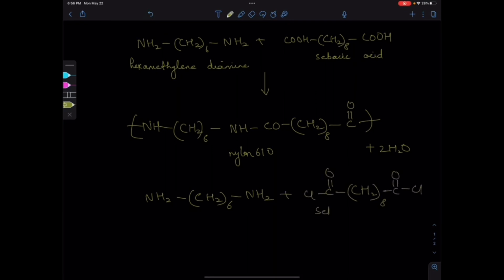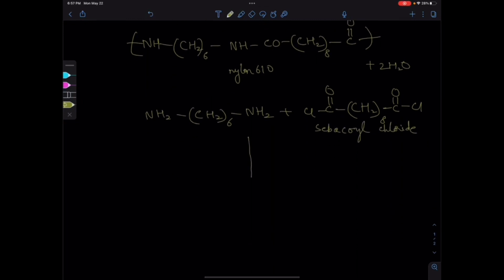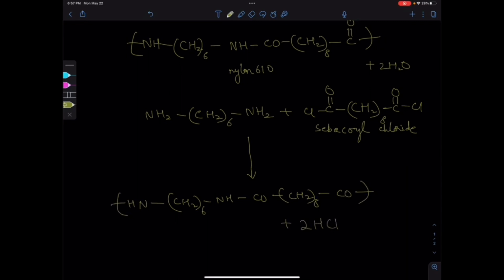So this is sebacoyl chloride, and this condenses to give you nylon 610. This time with an elimination of two molecules of HCl between them.